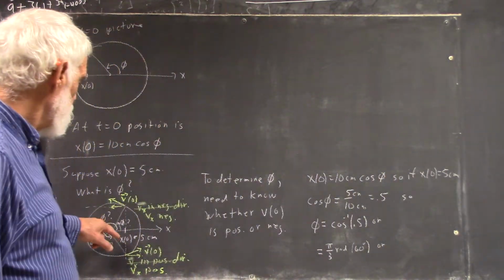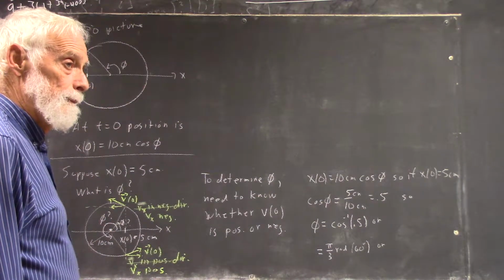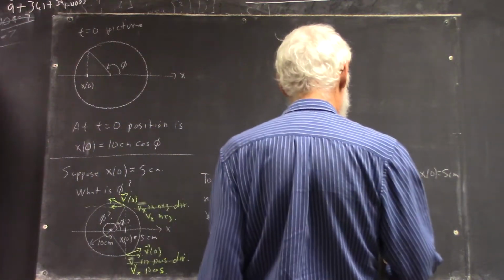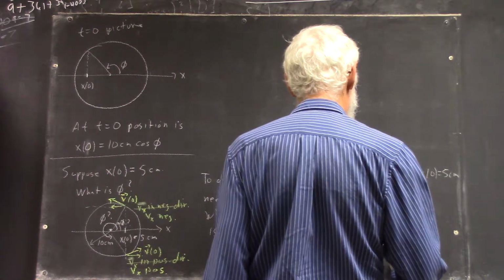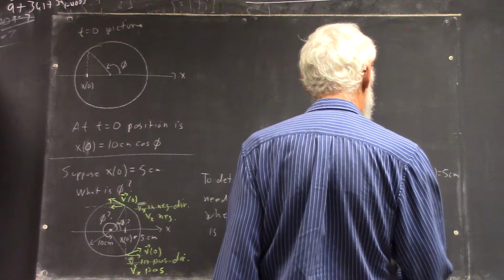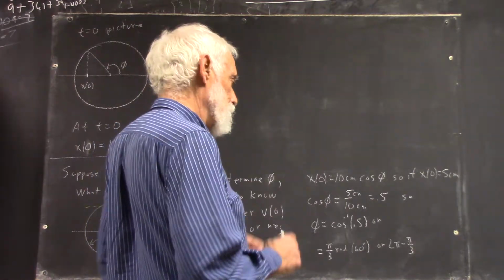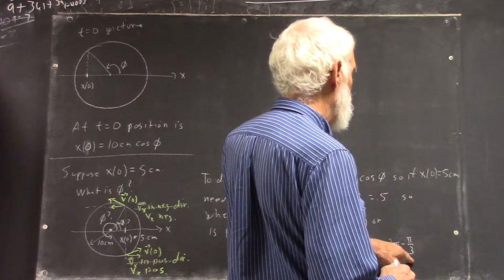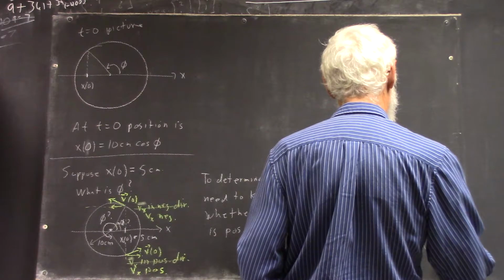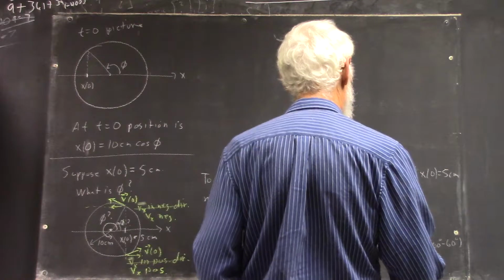If this is 60 degrees, what's this angle? 300 degrees? Well, 360 degrees minus 60, I'm saying how you're going to calculate it, right? Well, that's 2 pi minus pi over 3. That is 360 degrees minus 60 degrees. And of course, that is 5 pi over 3. Okay?